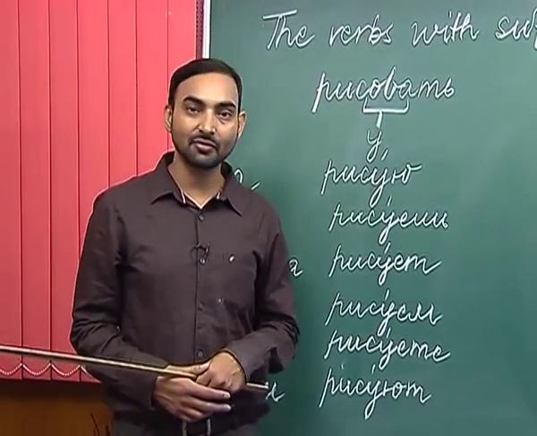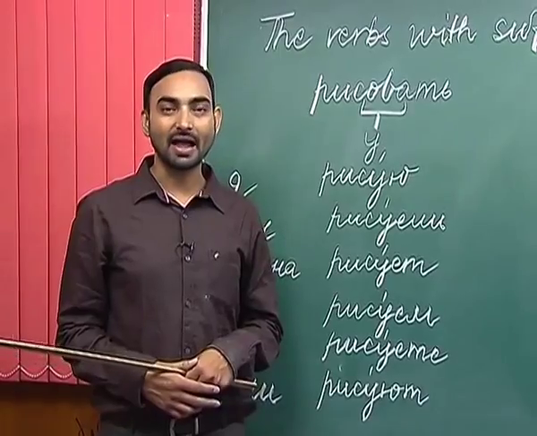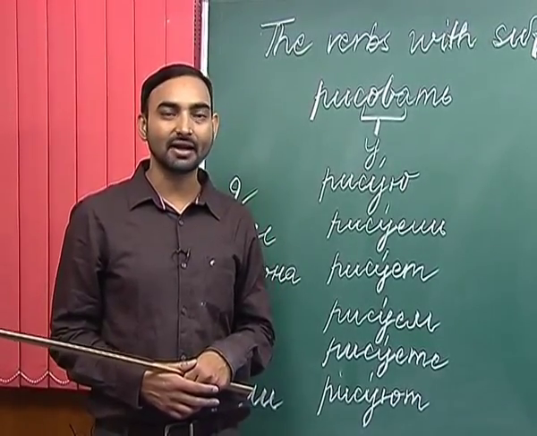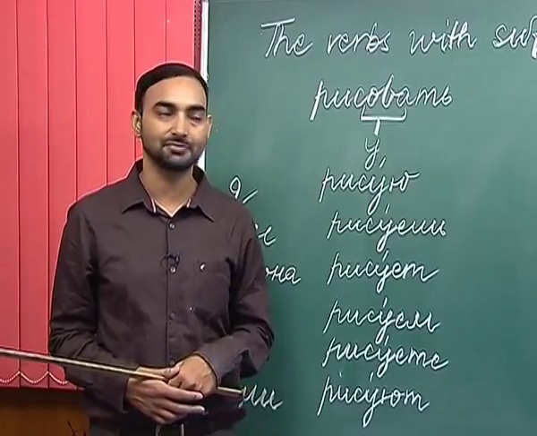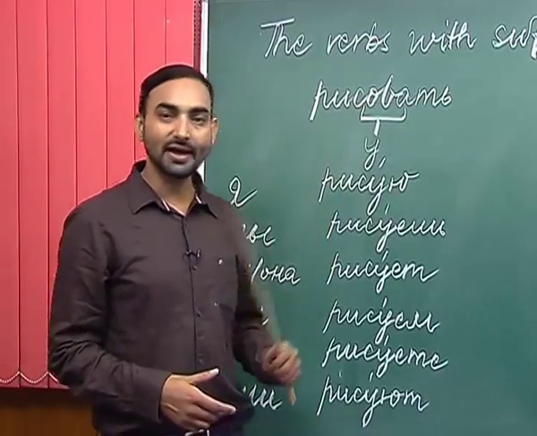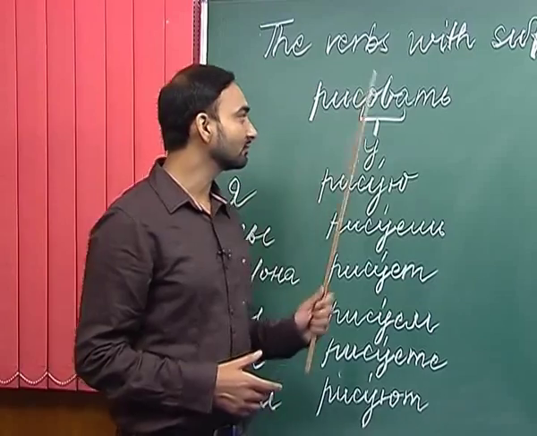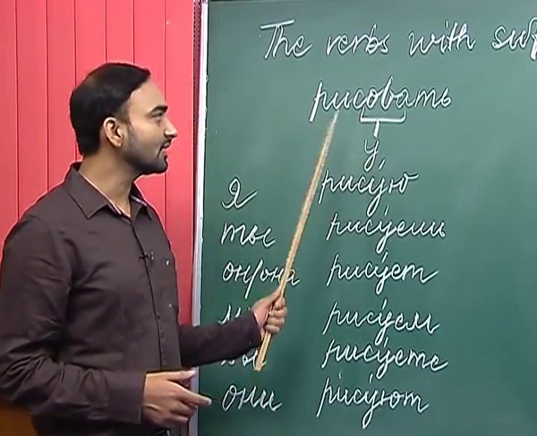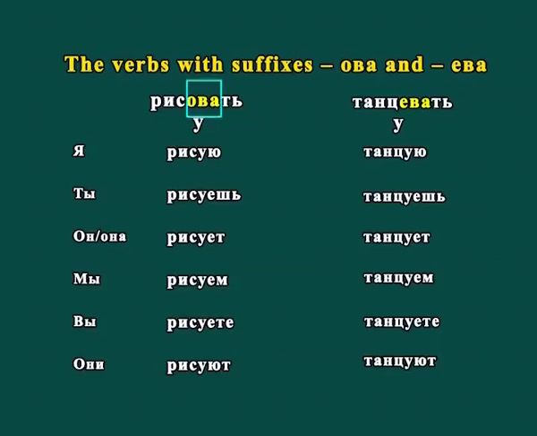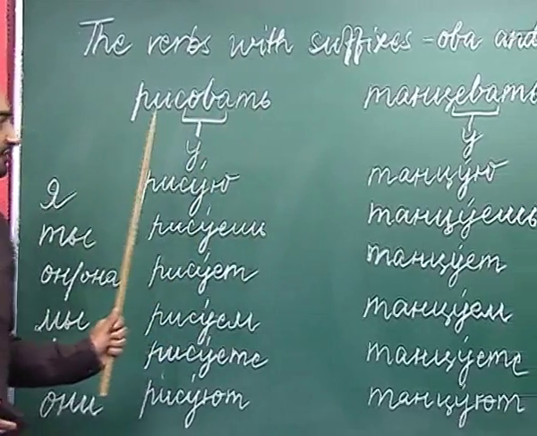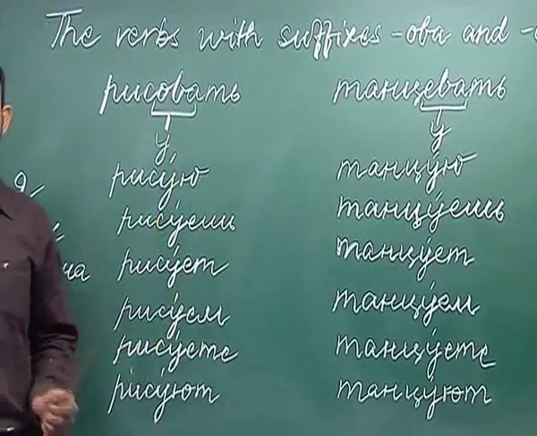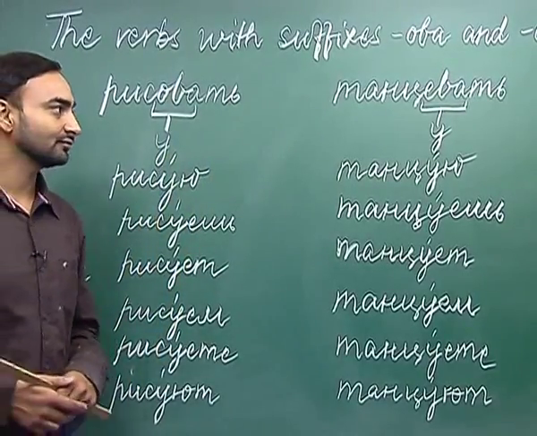They follow the same conjugation pattern as we have done in читать, понимать and other first conjugation verbs. The only difference is that we replace this -ова and -ева with stressed у, and then the rest of the conjugation will remain the same.